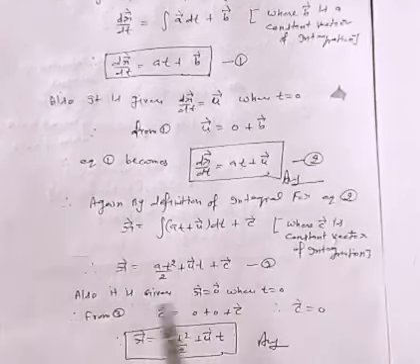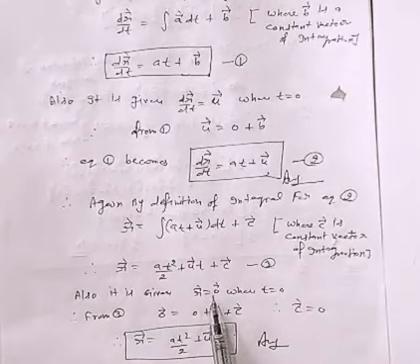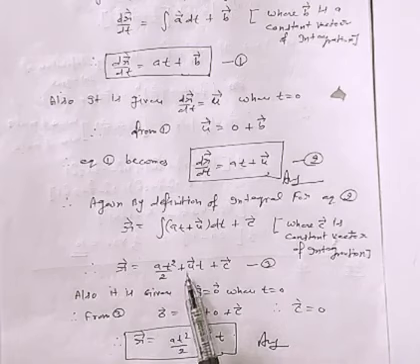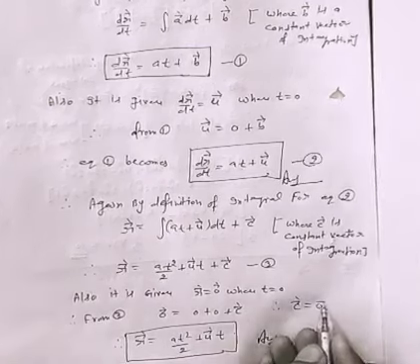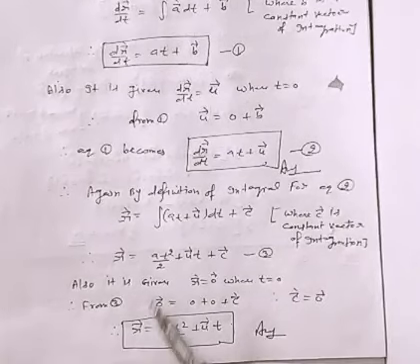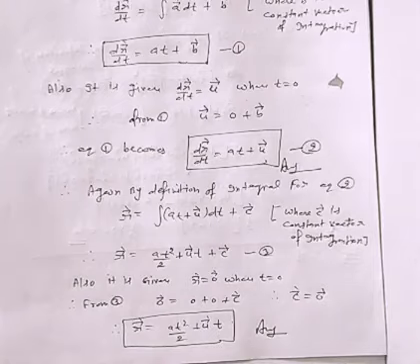Also again it is given that r vector is equal to 0 when t is equal to 0. Putting in that equation r vector as 0 and t is equal to 0, we get c vector is equal to 0 vector. So therefore r vector becomes a t square by 2 plus u vector t.